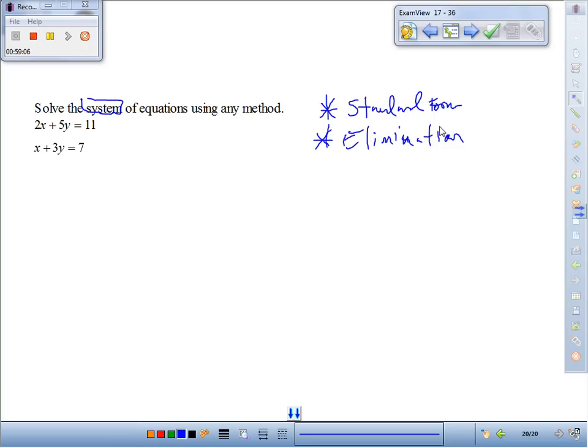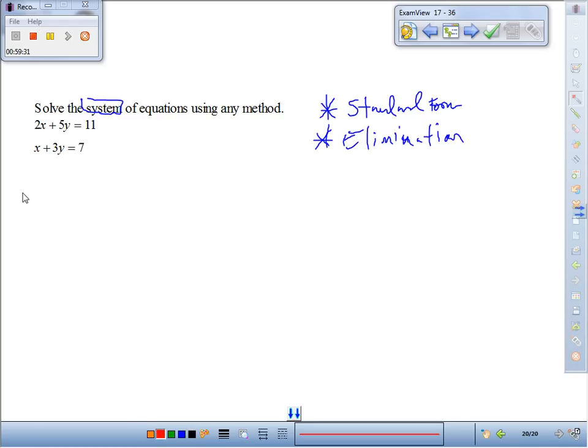Elimination. So let's see. By looking at it, we have 2x plus 5y equals 11 and x plus 3y equals 7. Which one would be the easiest to eliminate? The x, because this one does not have a number. What number should be here in order to cancel the 2x? -2.